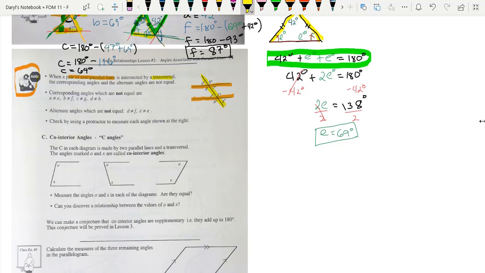The corresponding angles and alternate angles will not be equal. So they are not equal.